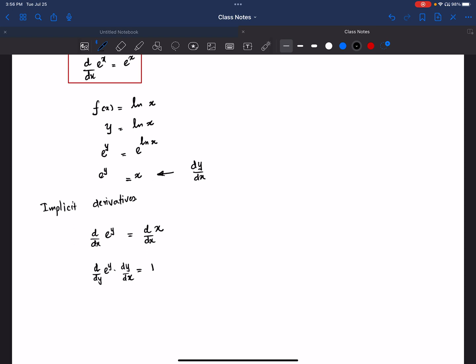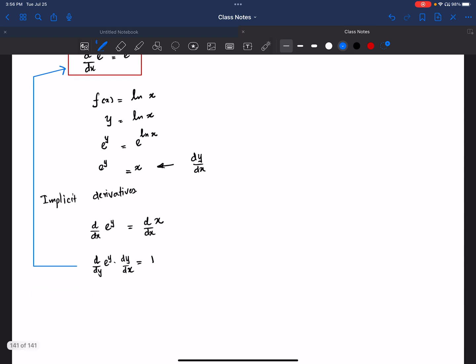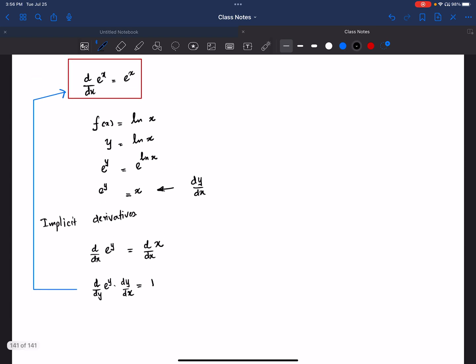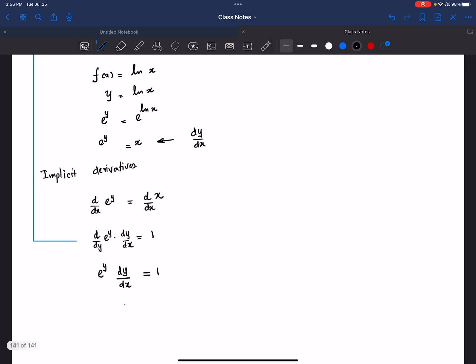Now I can use this equation right here to write e to the power y times dy over dx equals 1. Now this gives me dy over dx is equal to 1 over e to the power y.